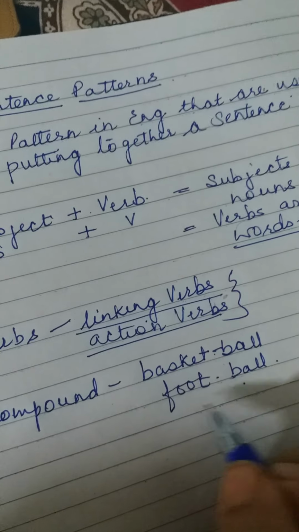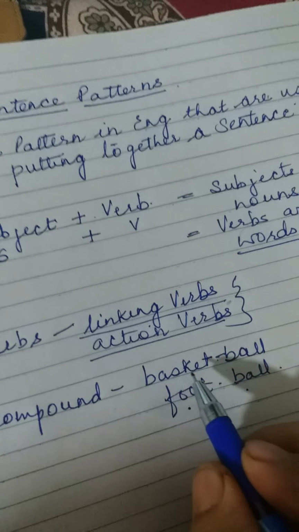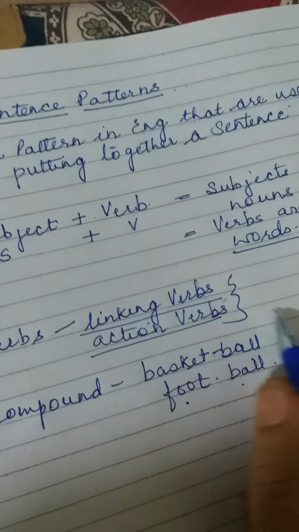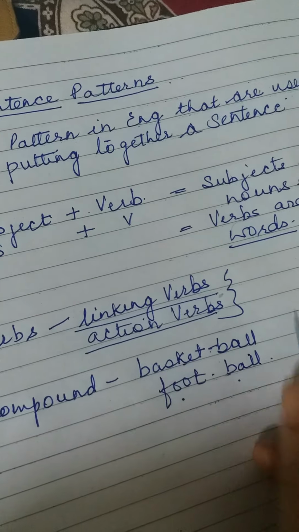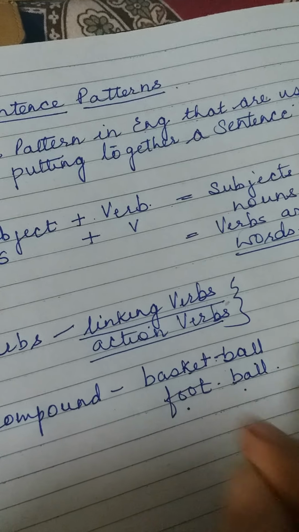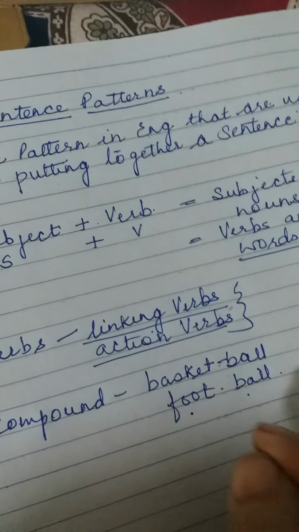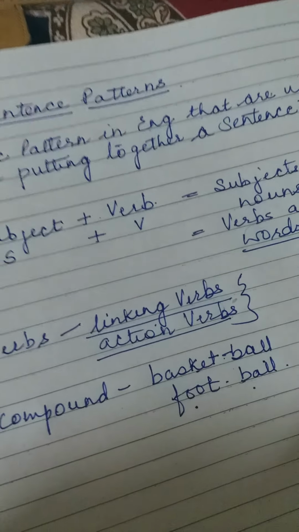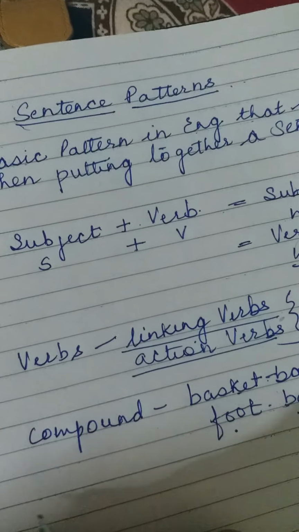Ball is a noun and foot is a noun; basket is a noun. So these are compound nouns. That means there is more than one word serving as a subject or a verb in a sentence or a question.